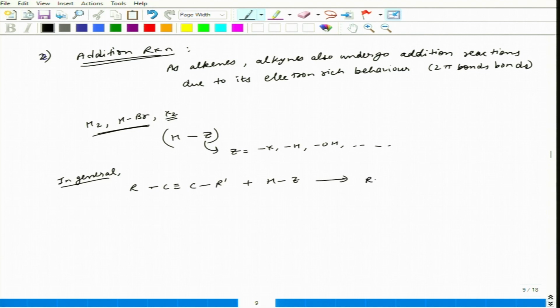So, what will happen? First of all, a cation will be formed. This is a vinyl cation, and a Z minus will be remaining, and the reaction further with the Z minus will give this moiety.